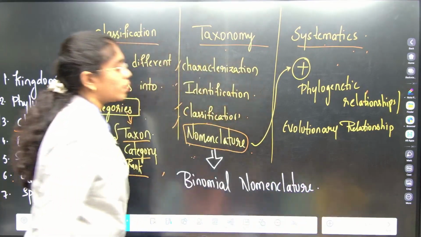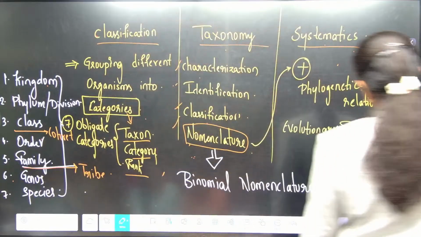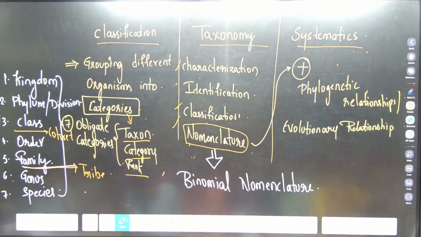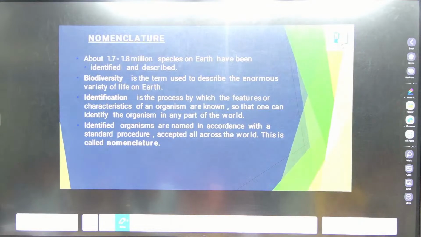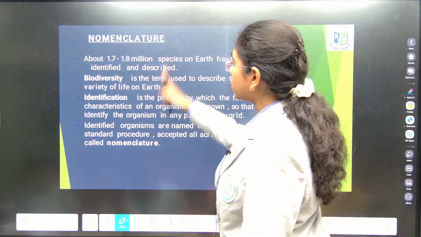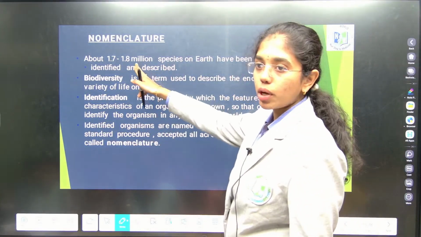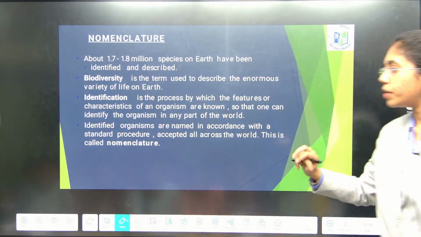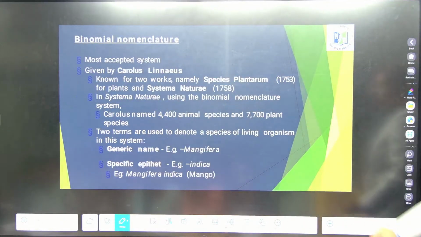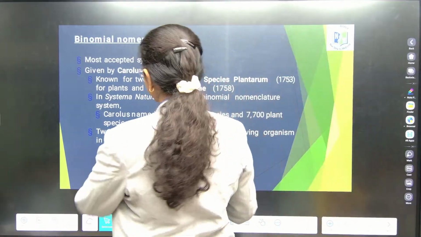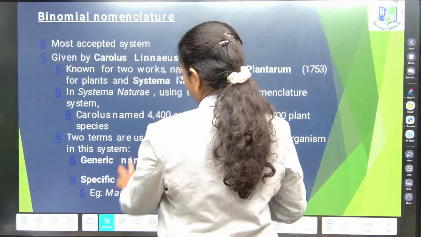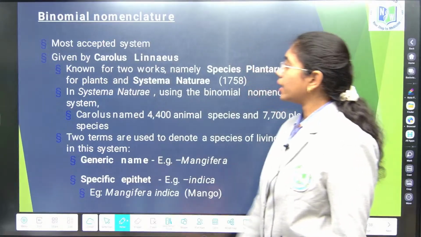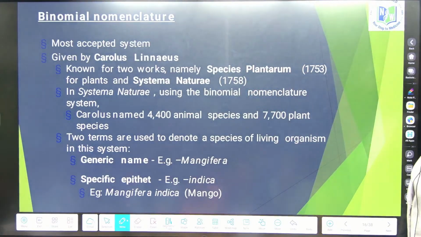Which is proposed by Carolus Linnaeus. Look here, this story you already know. We have around 1.7 to 1.8 million species, and this is how we will classify. First by binomial nomenclature proposed by Carolus Linnaeus. Where did he propose this? He published 2 books.